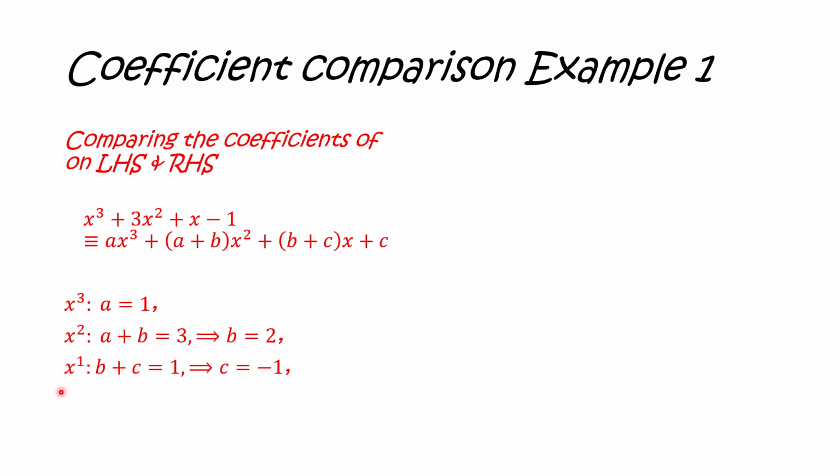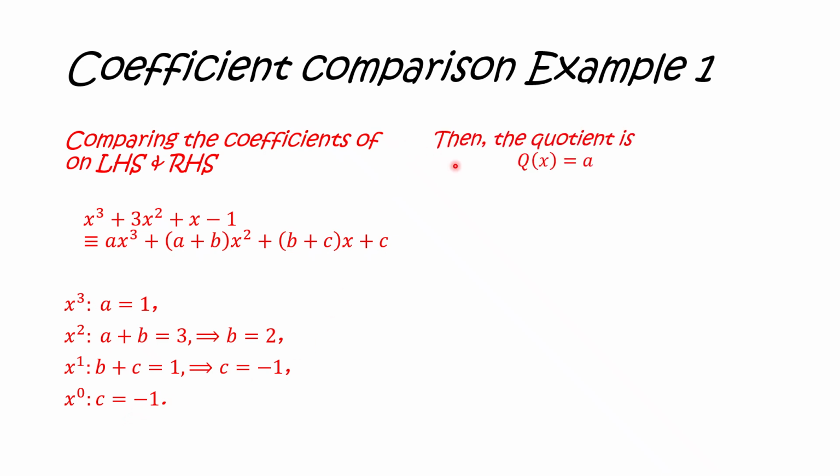For x to the power 1, or just x, we have the coefficients being b plus c is equal to 1. Substituting with the b that we obtained of 2, we get c to be minus 1. And for the constant term, we have a c on the right-hand side and a minus 1 on the left-hand side, meaning that c is equal to minus 1.